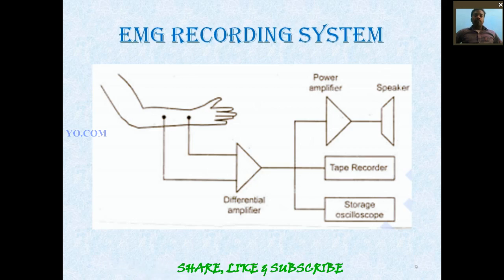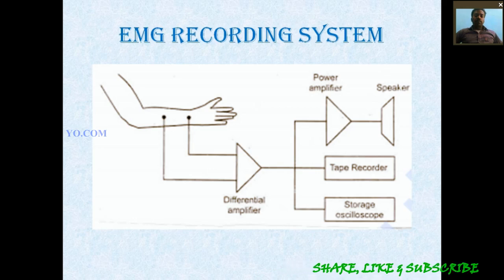Okay. Actually, the EMG recording system consists of one stimulator. That stimulator generates or stimulates the muscle activity, and that stimulated signal is transferred from one place to another place between the length L1. Then the received signal is amplified and given to the speaker.